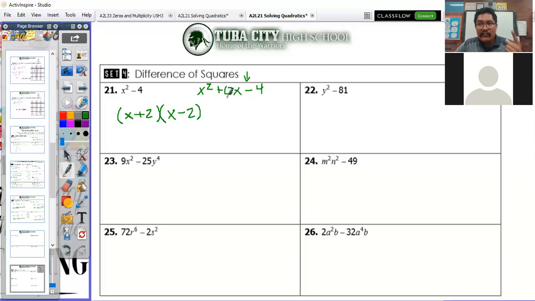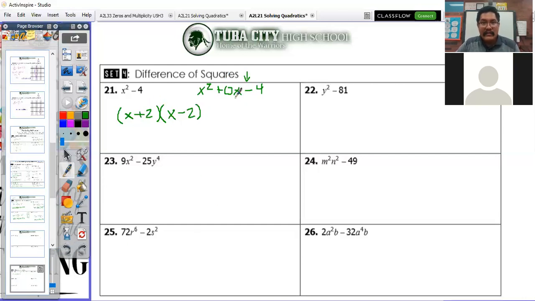Because of the multiplicative property of 0 and the identity property, we don't count this 0x, we just ignore it. Anything times 0 is 0, and adding 0 to something doesn't change it. So that's where this thing went. There's no middle term, and we are done.